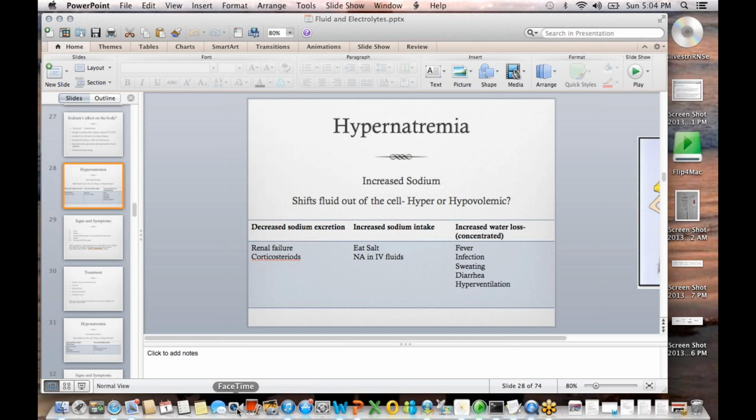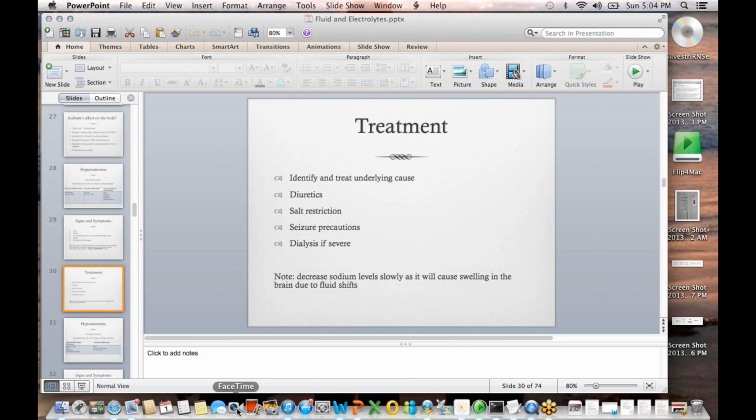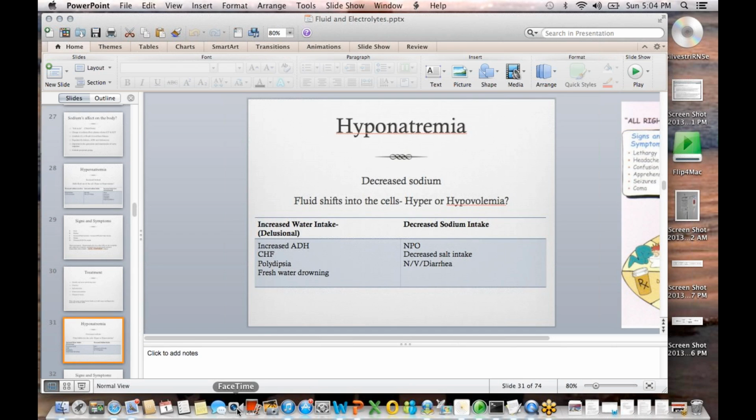And then your treatment would be diuretics to get rid of the extra fluid, salt restriction to prevent the retention of fluid, seizure precautions, and treat the underlying cause. Because again, you can have hypernatremia because of decreased excretion, increased sodium intake, and increased water loss.